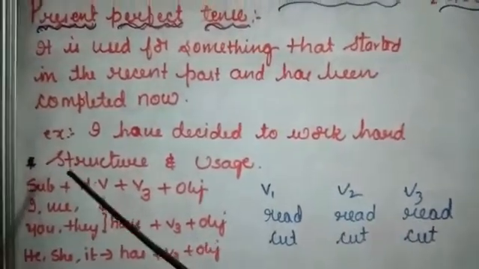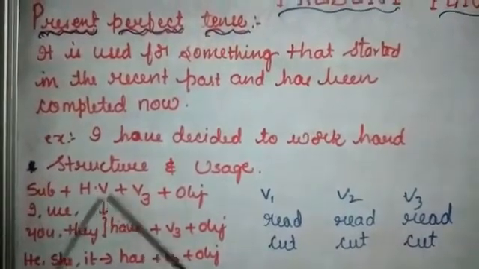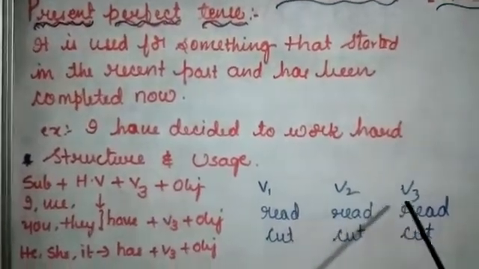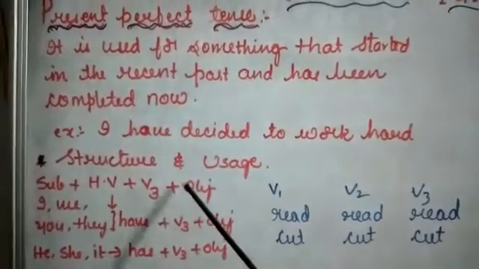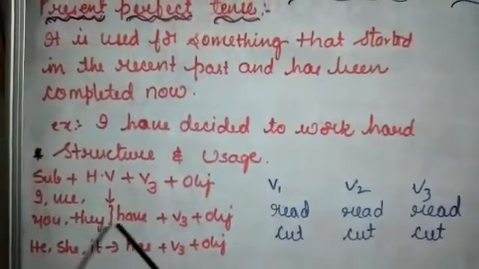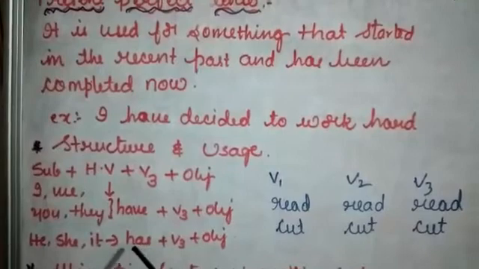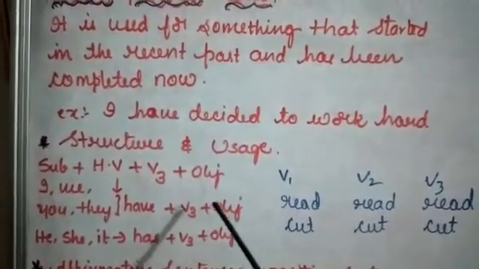So the structure of present perfect tense is subject plus helping verb has or have plus V3, means third form, plus object. I, we, you, they take the helping verb have. He, she, it take the helping verb has, plus V3 plus object.